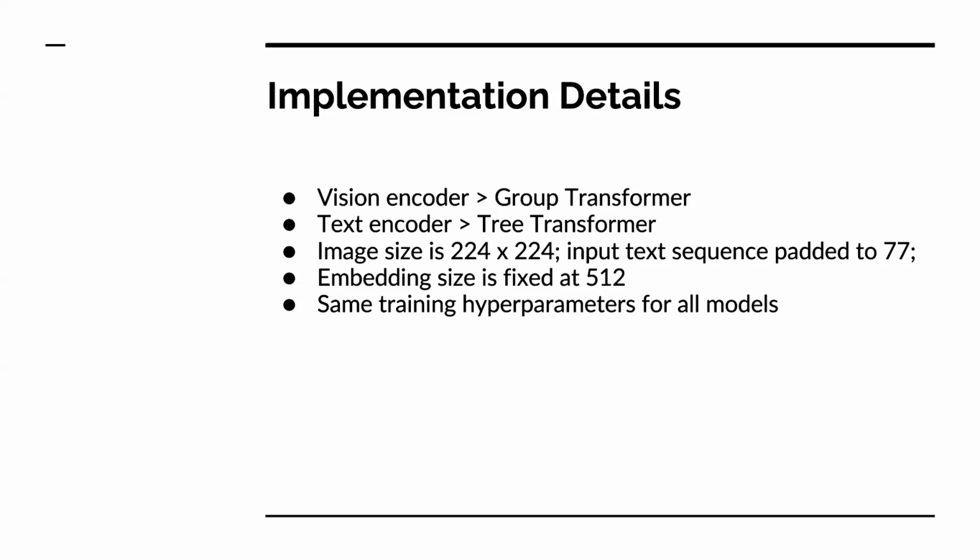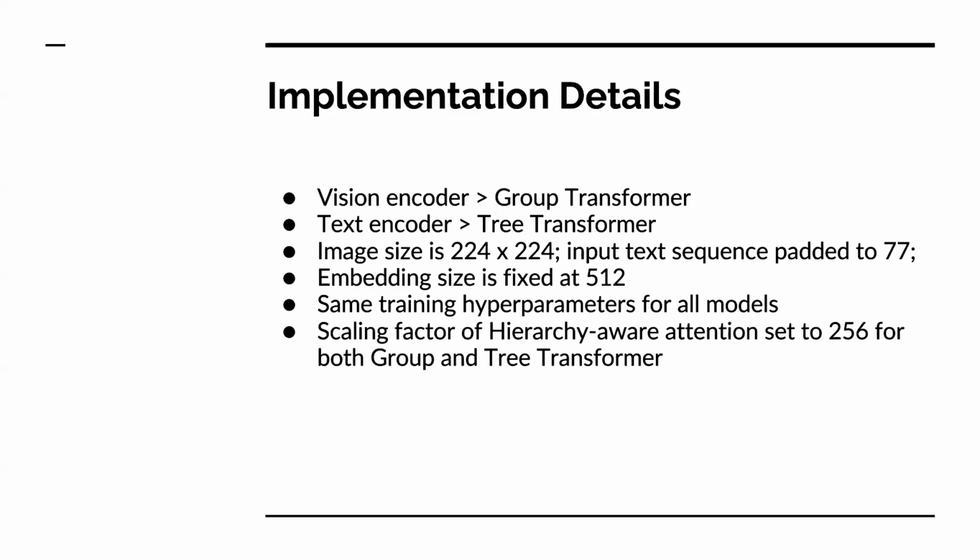And as for training, not just HiCLIP, for CLIP, SLIP, and Philip, the hyperparameters are going to be constant. We're going to train it for like 32 epochs for all of them. And the scaling factor for the hierarchy-aware attention, if you guys recall attention, you got to divide it by a scaling factor. We're going to set it to 256.